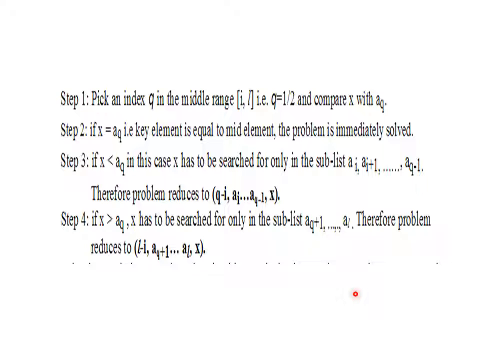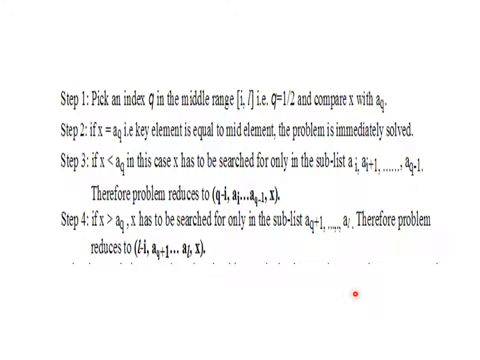In this case, just assume that n is equal to 8, the lower index value is 0 and the higher index value is 7. If you are taking 0 to 7, we have to add one more.